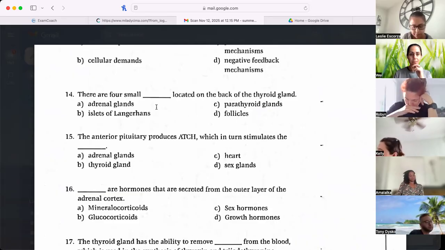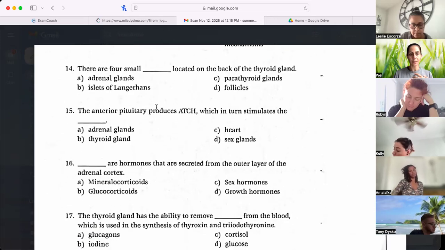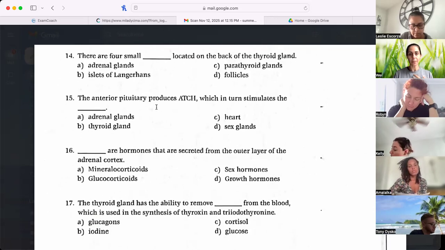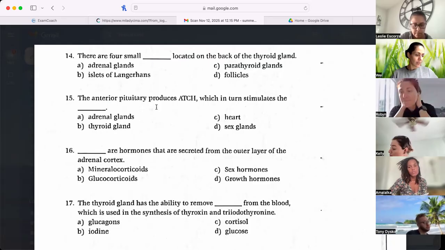Number 14. There are 4 small glands located in the back of the thyroid called? Parathyroid glands. Awesome. And next, Tony, an anterior pituitary produces ACTH, which in turn translates to the, just from the name... Adrenal glands.